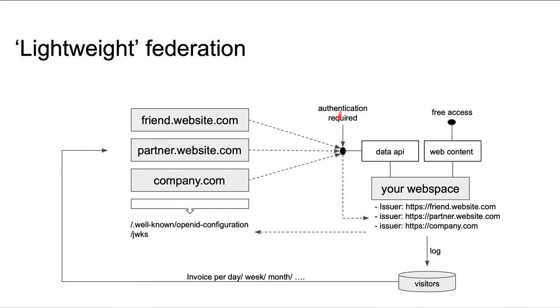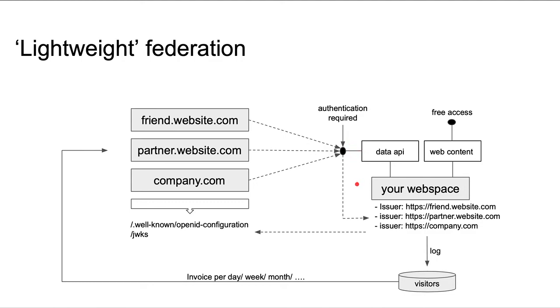So you require an authenticated user. One scenario would be you would only accept users that you have authenticated on your web space. And the other use case would be you would allow other domains to manage their users and let these users access your data API as authenticated users.